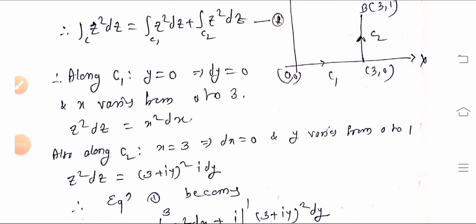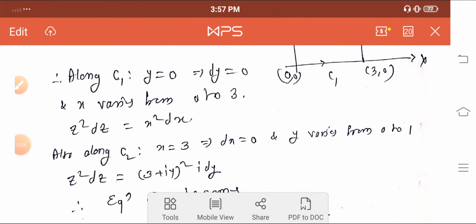So z square dz is nothing but (x plus 0 i) whole square, that is x square dx. Now along C2, x is equal to 3, here this is 3 and the upper side it is also 3.